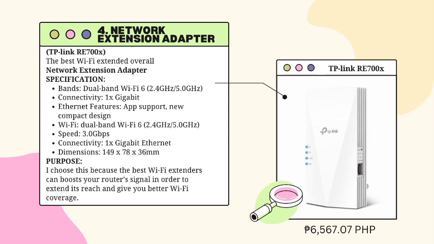Number four is the network extension adapter. The brand I choose is the TP-Link RE700X. Why? Because it is the best Wi-Fi extender overall. Here is the network extension adapter specification. I chose this TP-Link RE700X because the best Wi-Fi extenders can boost your router's signal in order to extend its reach and give you better Wi-Fi coverage.